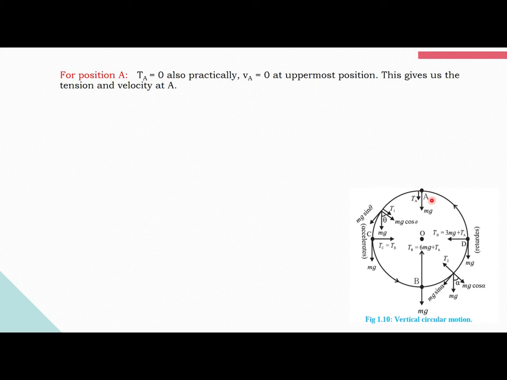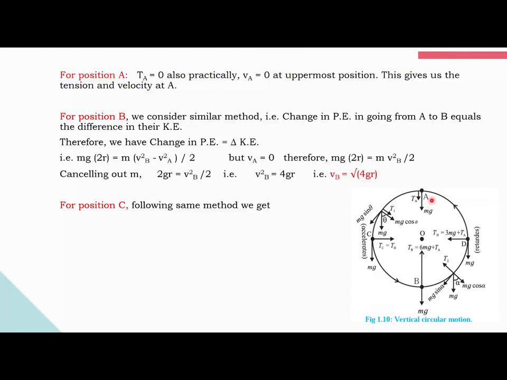For position B, we consider a similar method, that is, change in potential energy in going from A to B equals the difference in their kinetic energy. Therefore, change in potential energy is equal to delta KE, that is, mg twice r is equal to m (Vb square minus Va square) upon 2.